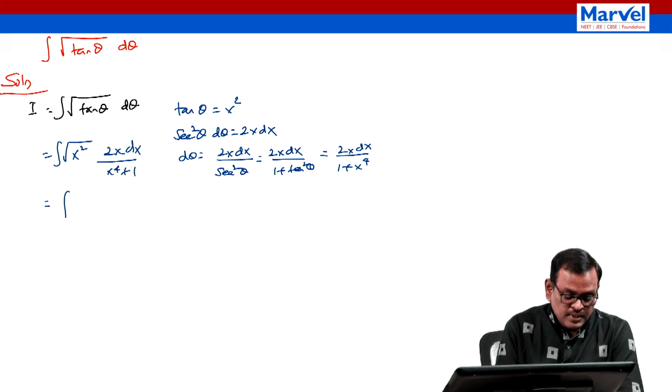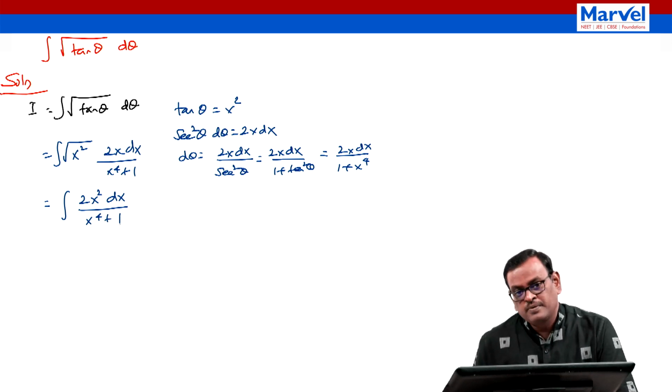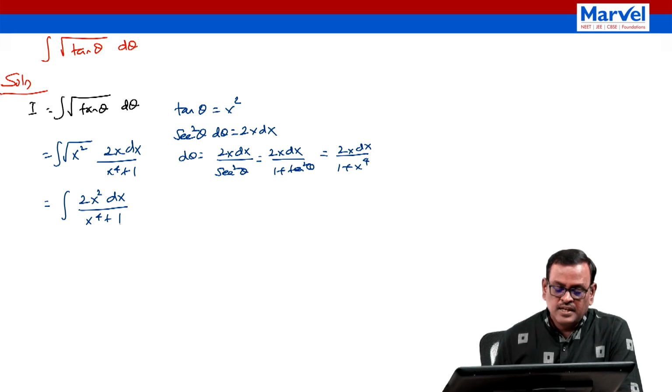Now we can convert this as 2x square dx by x power 4 plus 1. This stage is very important.